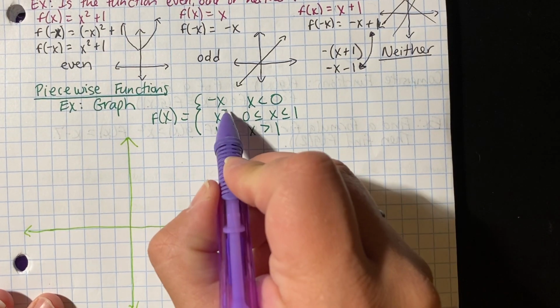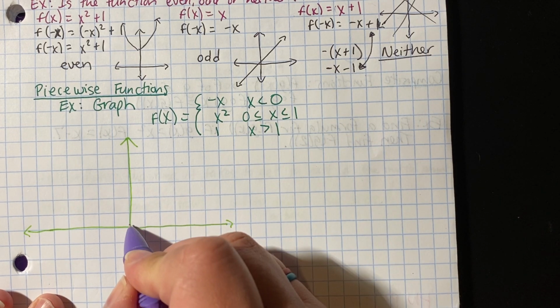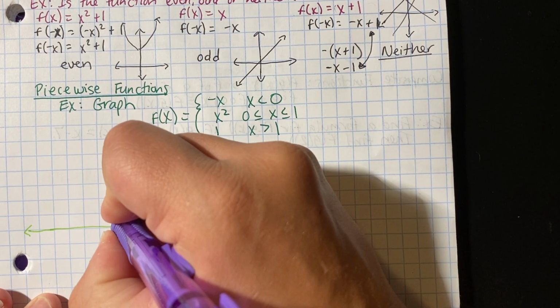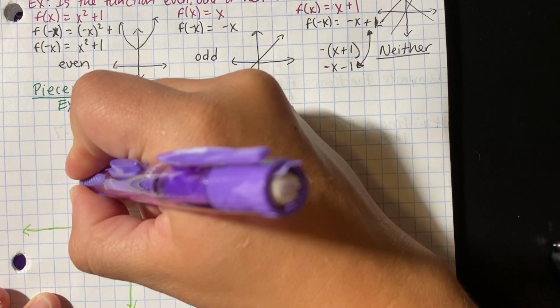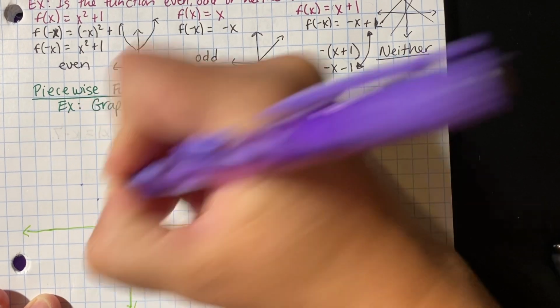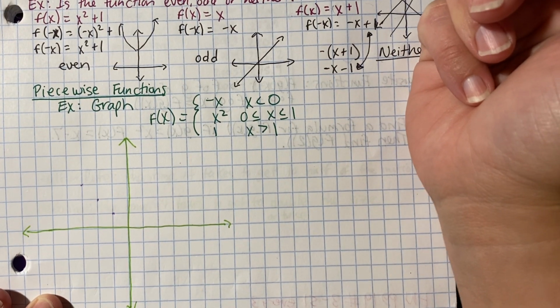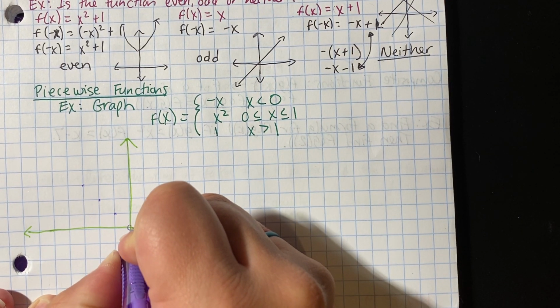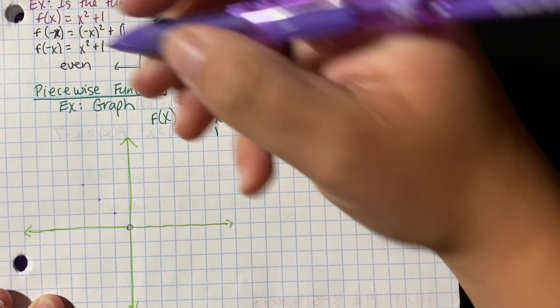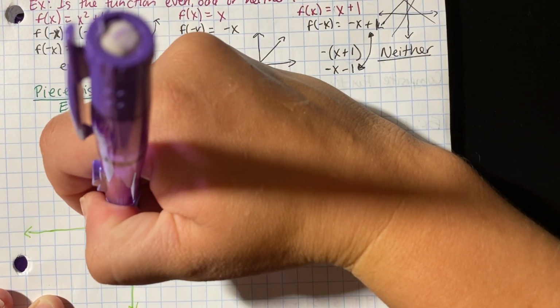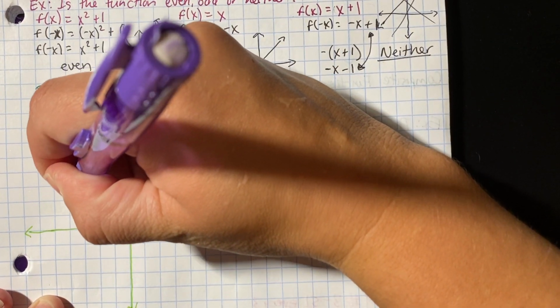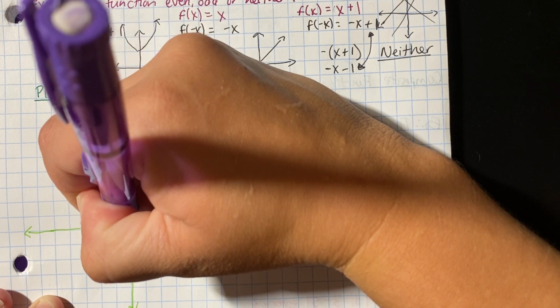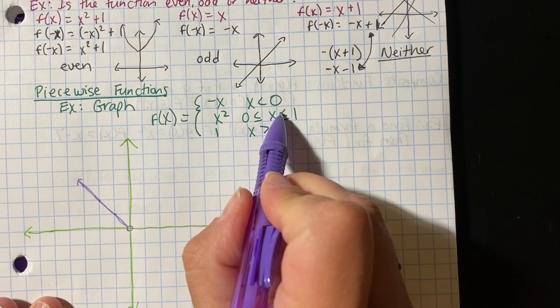Okay, so -x will be starting here and just going up 1 over 1, up 1 over 1. We want to be less than 0, so we're going to start at 0, and it's going to be anything less than 0. Okay, so that's that first piece.